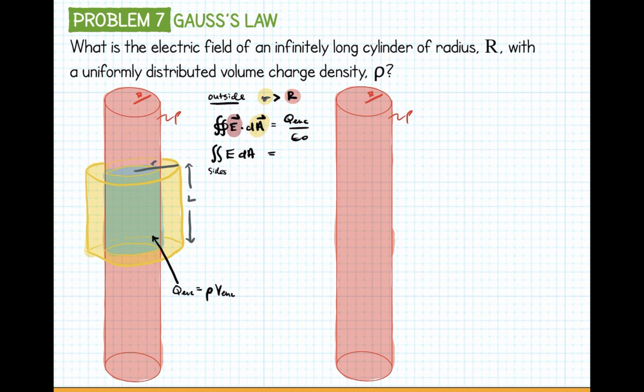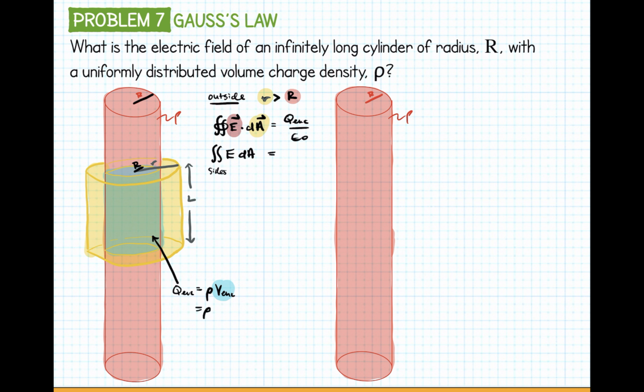Now the volume enclosed is not the volume of the Gaussian surface, it's the volume of that thing that's blue, right? So it's the chunk of the physical cylinder that's enclosed by the Gaussian surface. So this radius, the blue radius, is still big R. It's the same as the radius of this thing. And so then you need the volume of a cylinder, but just with these dimensions.